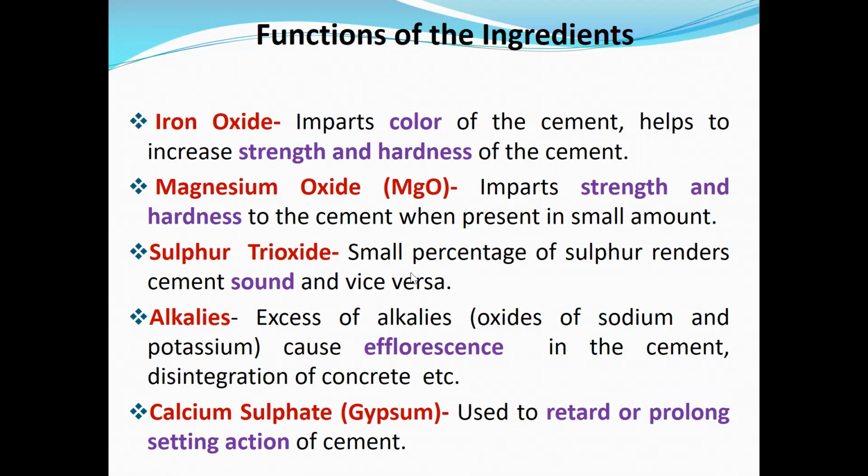Then alkalis, actually excess of alkalis. Alkalis means either sodium or potassium oxides, which cause efflorescence in the cement. Efflorescence, I think you have learned it or you're learning it. In buildings, outside the wall, you'll see the deposition of some white material, which is very troublesome.